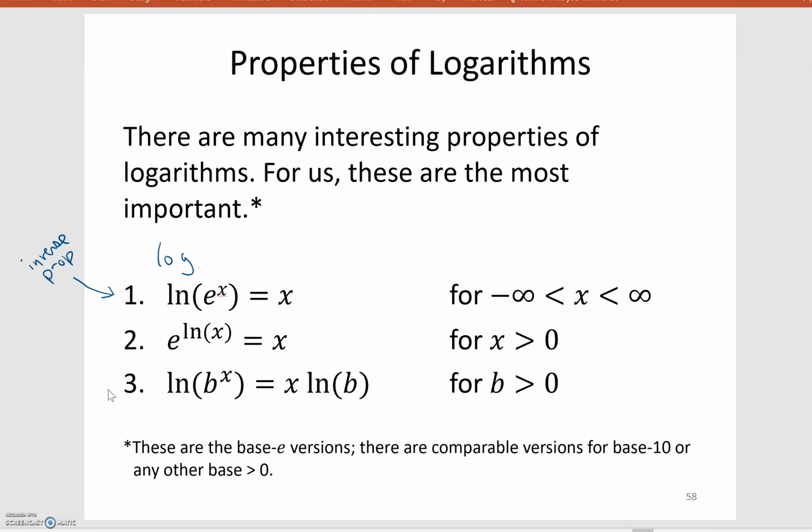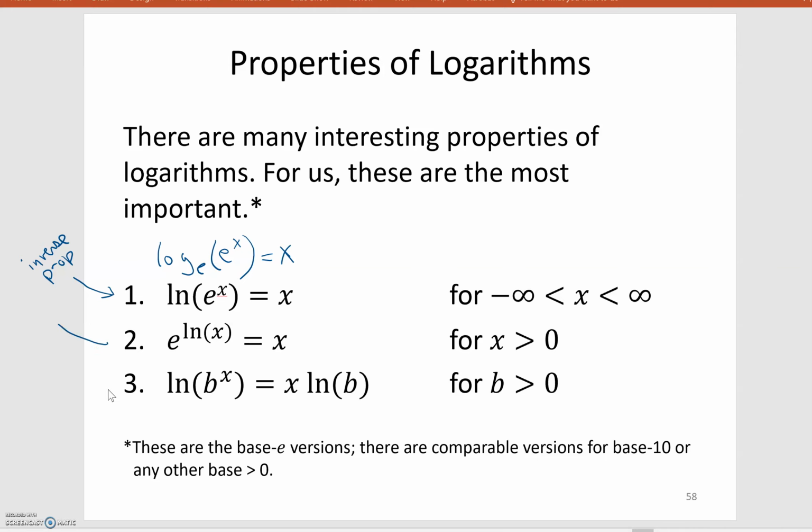If I write the full version of this, this is log base e of e to the x. If you remember what an inverse function does, you compose the function with its inverse and you just get the variable. So what we've actually done here is we've composed the log function with the exponential function, and it just spits out the exponent, which was the original variable.